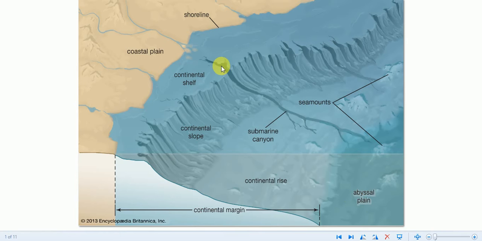Here is an example of a submarine canyon, a deep river-valley-like long basin. We shall learn about this later on in chapter 13. So this is about the continental margin.